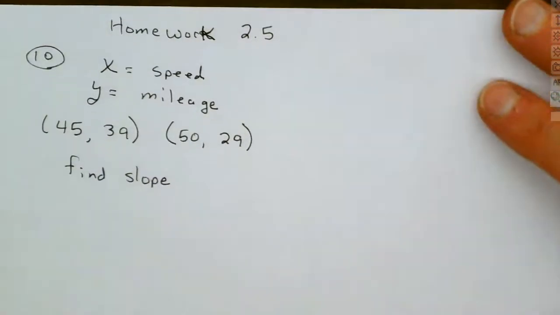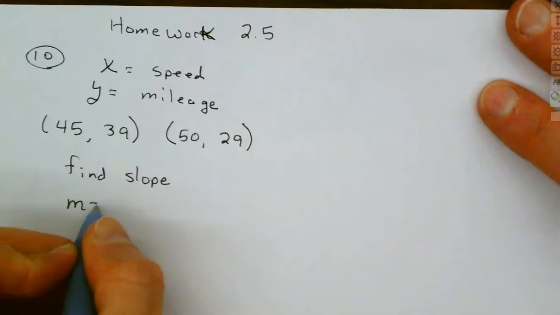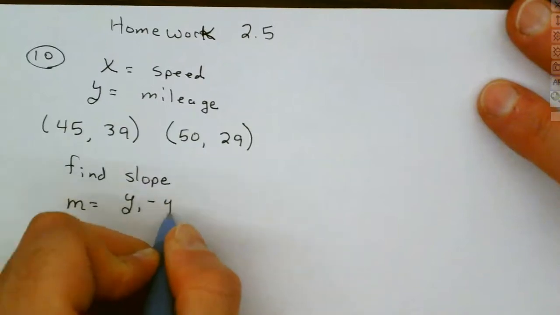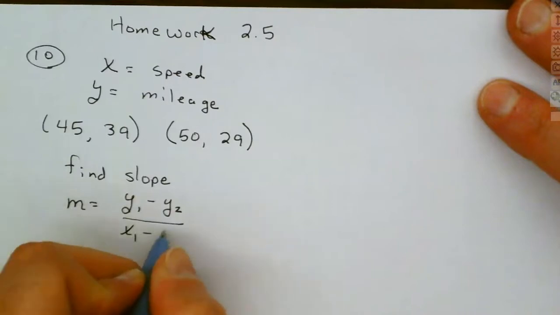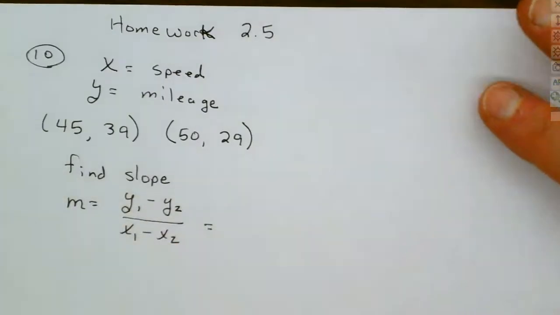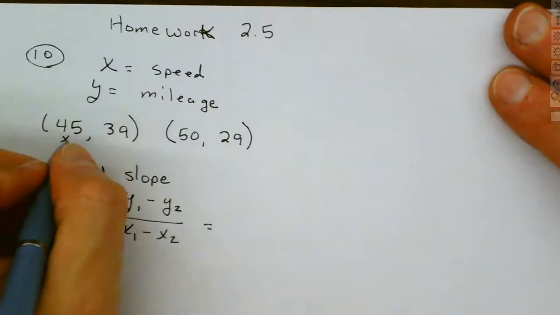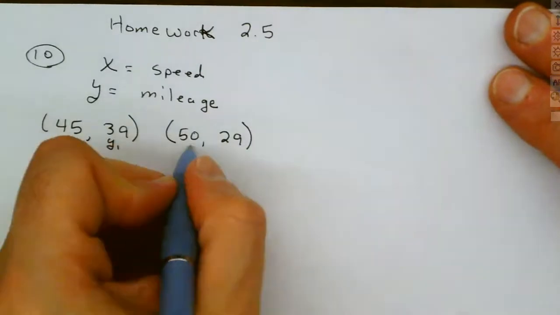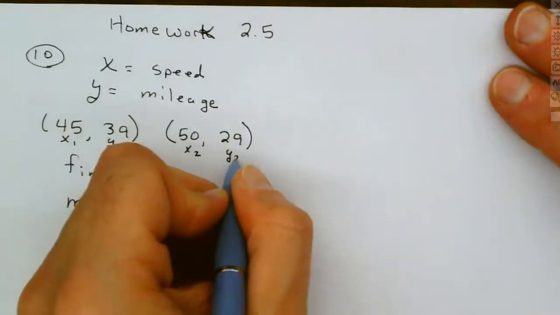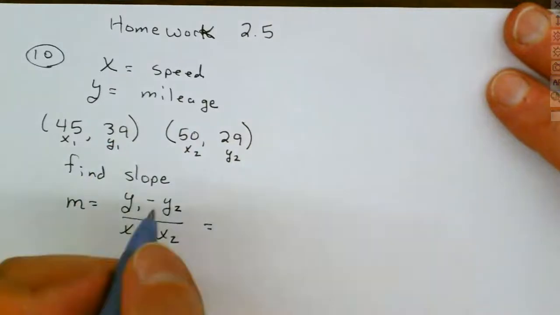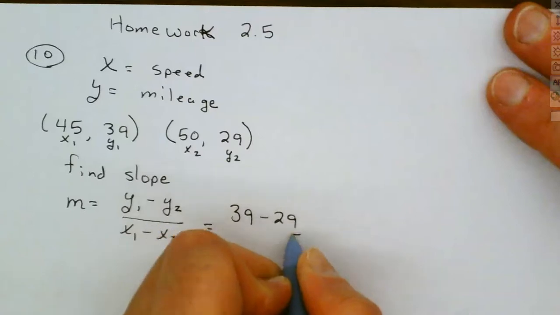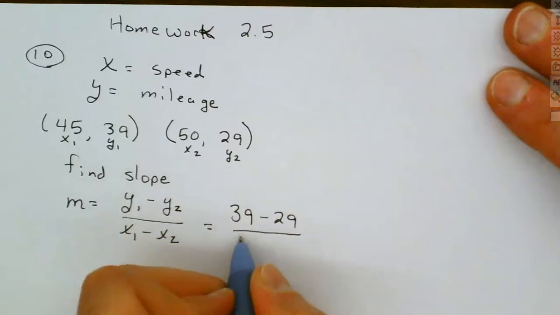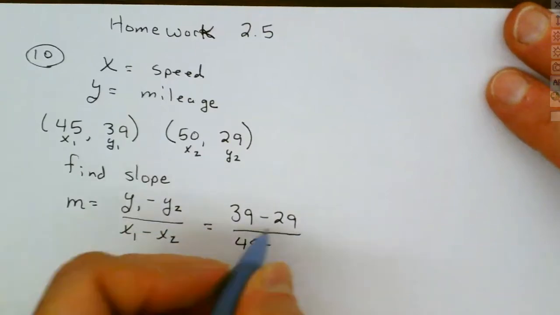So we're going to find our slope m, which is y1 minus y2 over x1 minus x2, with x1, y1, x2, y2. So that is now 39 minus 29 over 45 minus 50.